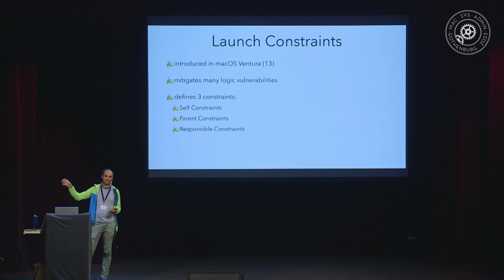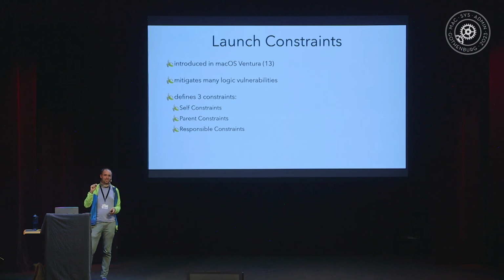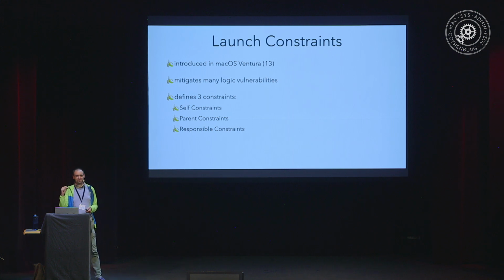LaunchD will start the XPC service, and then you can communicate with that. Now, in this case, the parent process of the XPC service is LaunchD, because LaunchD is responsible for starting it. But the responsible process is your client, because you wanted to talk to the XPC service, so you are responsible for it being started at all.